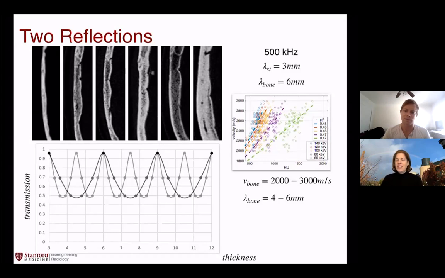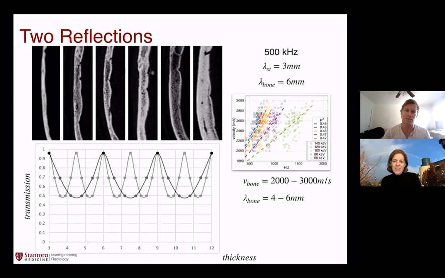Ultimately, I think you could figure this out if you do a very good simulation, where you go pixel by pixel, change the velocity, and figure out exactly what the reflection is at every pixel. Then with a nice beam simulation, you're going to get a good result.